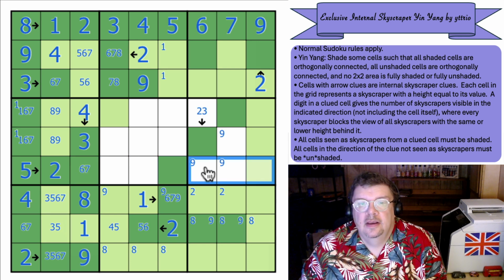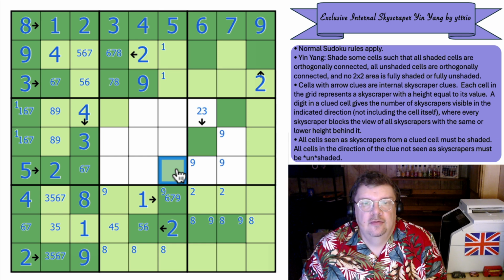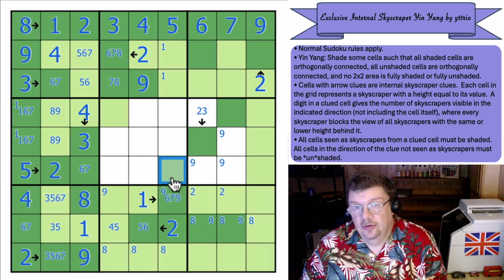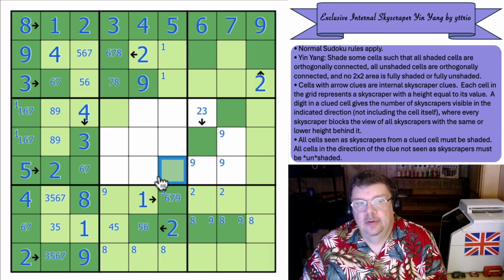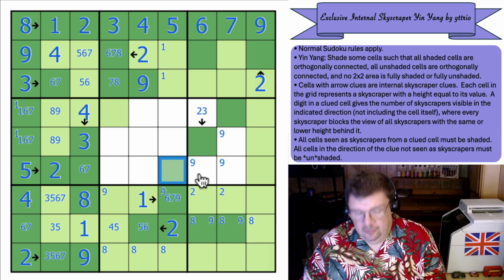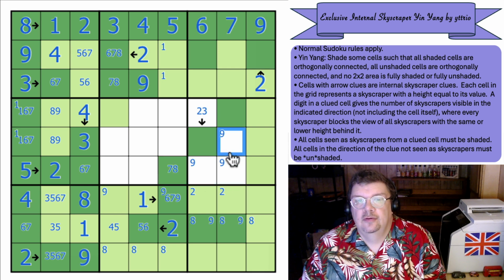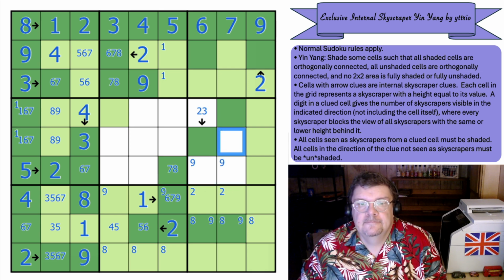I can't have all of those unshaded. That can no longer be a 9. Because if those were unshaded, I'd have a 2 by 2 of unshadedness. So that must be bigger than 6 and not a 9. 9 is in one of those two, so that's not a 9.